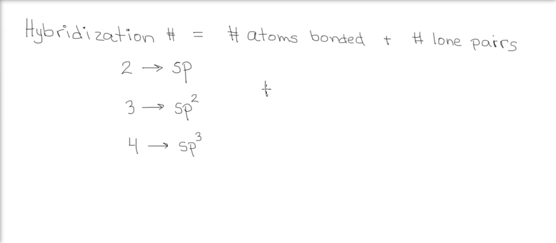So, some examples of relatively simple molecules: carbon dioxide, water, ammonia. Of course, we need to draw in the lone pairs for all of these in order to do this correctly.